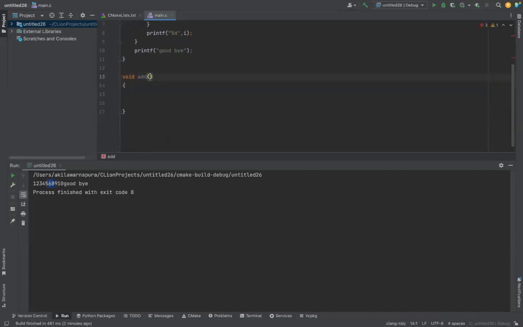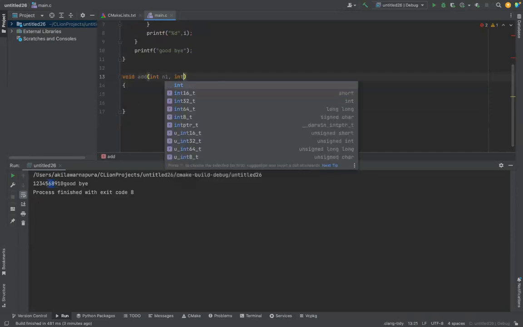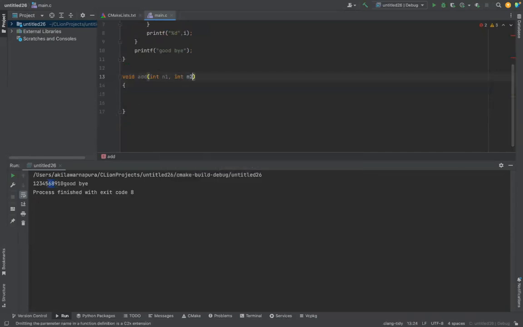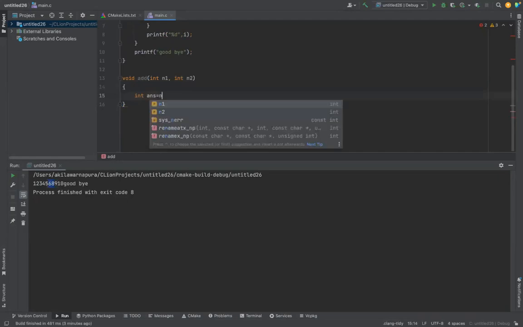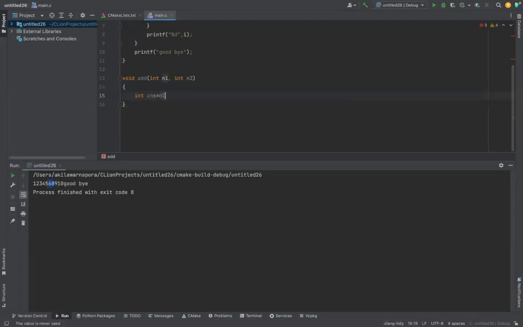The numbers can be passed by int n1, int n2, likewise. Then you can add these two numbers. Int answer is equal to number 1 plus number 2, a simple function. Okay, now once you add this, this function actually adds the two numbers passed to it.